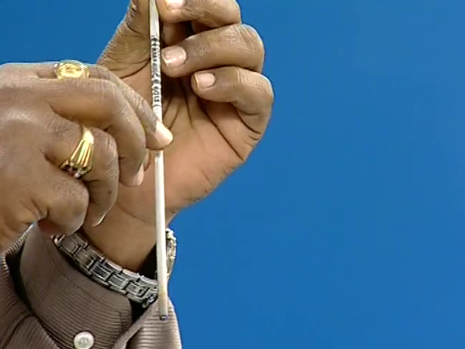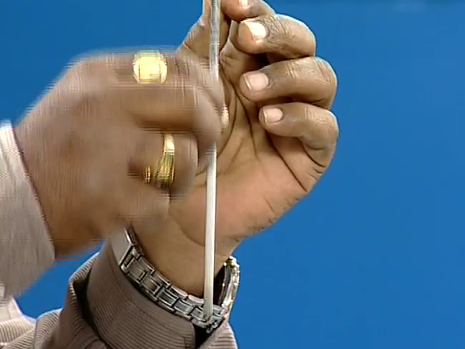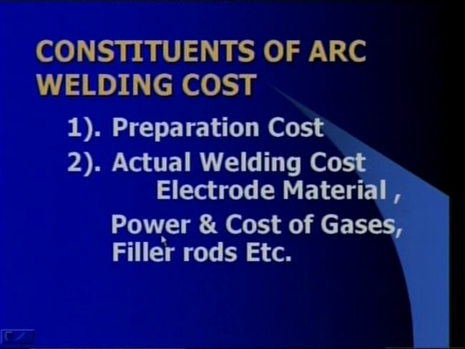The cost of this electrode material comes under actual welding cost. Next, power. Power is also part of actual welding cost. We use arc welding with either AC current or DC current. Whatever the current, or we say power, comes under actual welding cost.